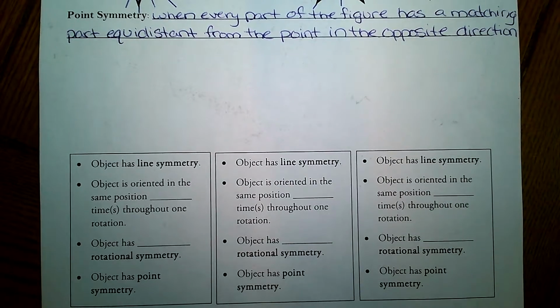Okay, that's a rather long definition. Point symmetry, when every part of the figure has a matching part that's equidistant from the point in the opposite direction. Now that's a lot going on.